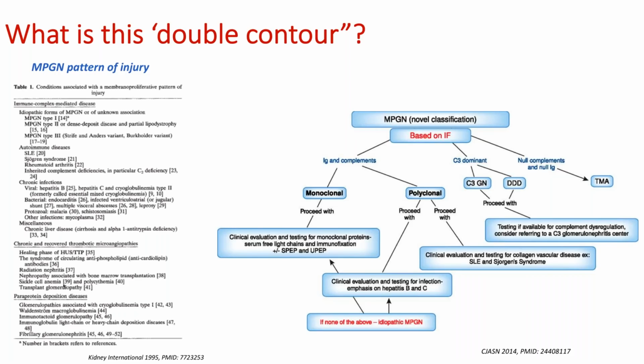Now, the pathologists and nephrologists from Mayo Clinic came up with a slightly modified version of this, especially with more knowledge available on alternate pathway complement disorders. Instead of a light microscopic division into three groups, they went by immunofluorescence. So how does that work?